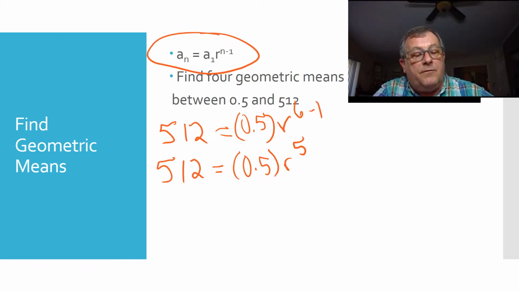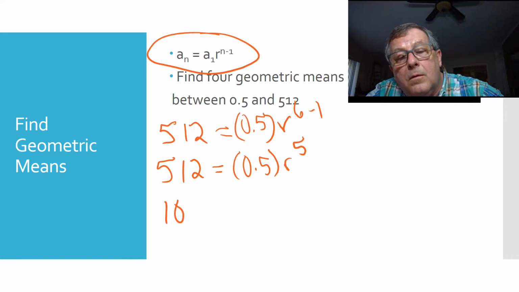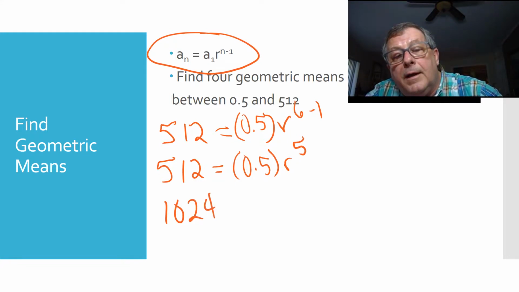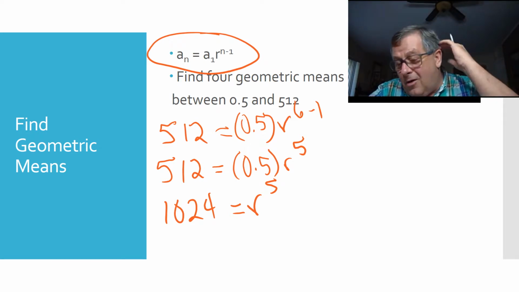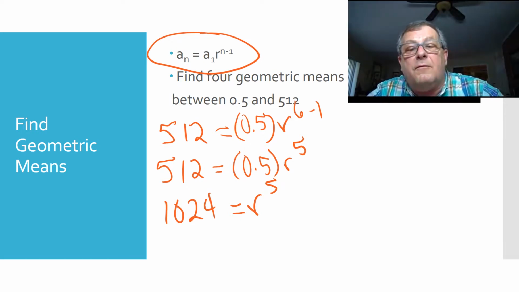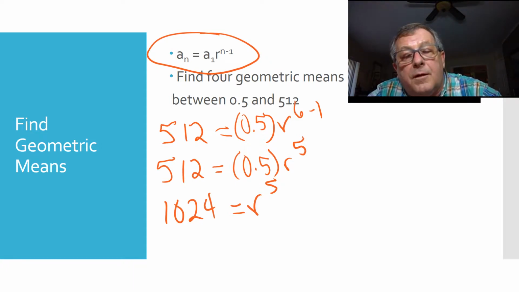So let's see, I'm going to take 512 and divide it by 0.5, and that's going to give me 1024 equals r to the fifth power. Now, I don't ordinarily write all these roots, because it just annoys me, but I'm going to do it for your benefit.